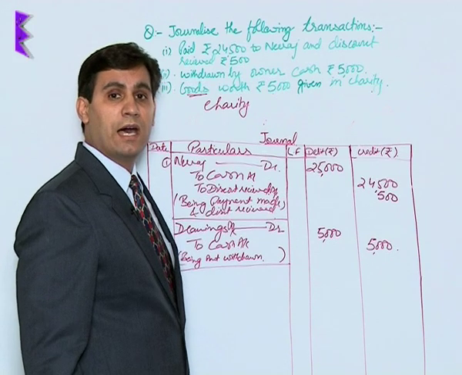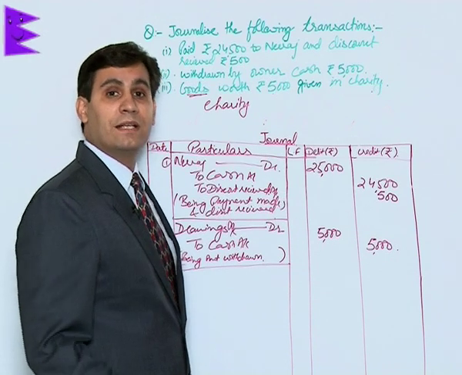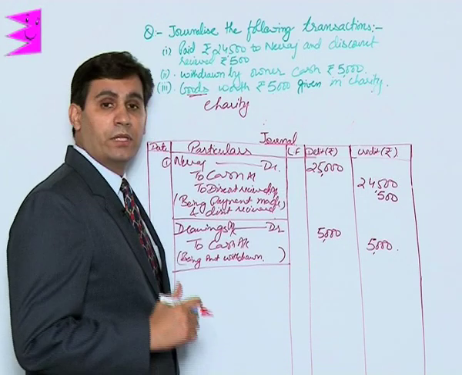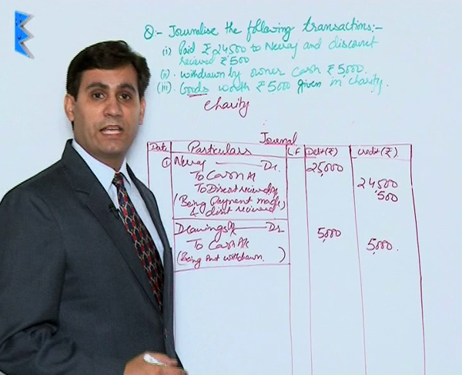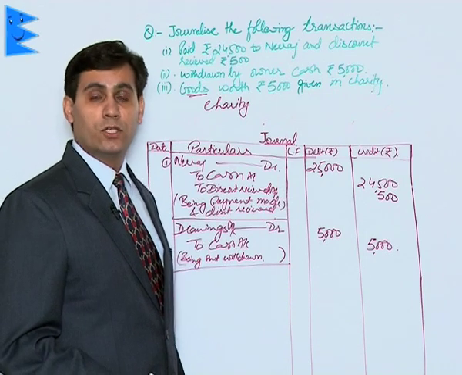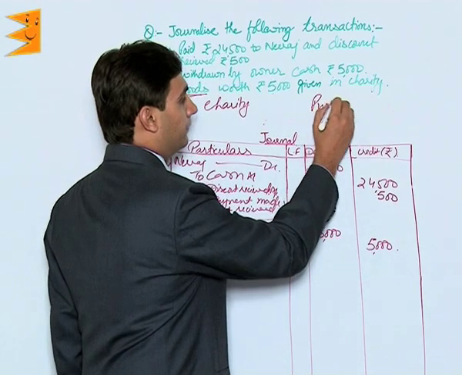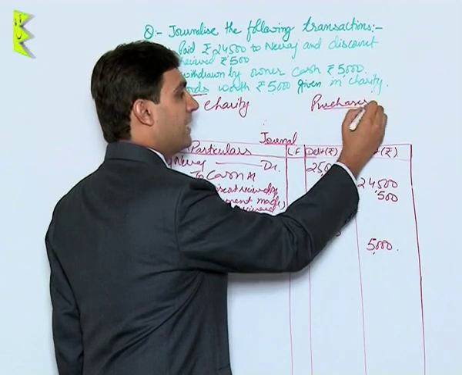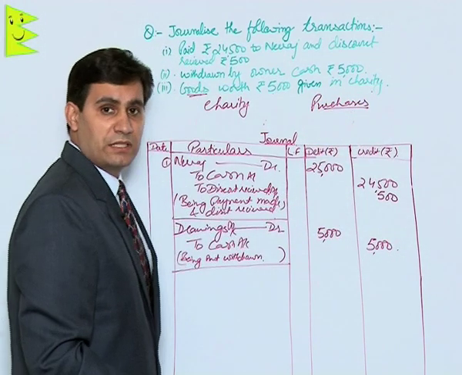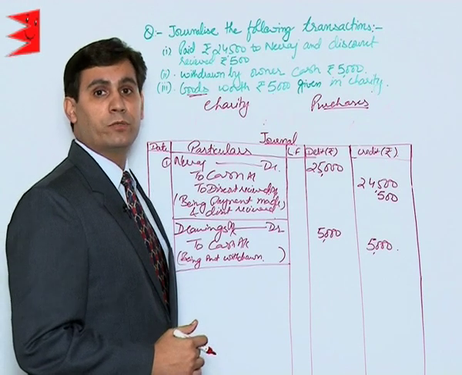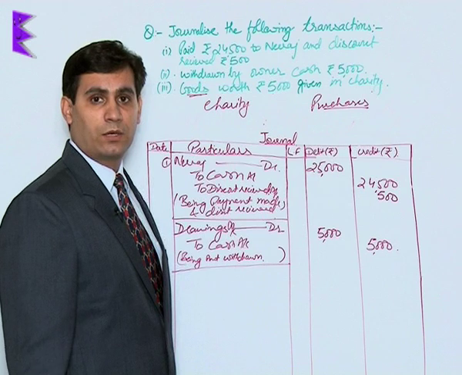But when goods are given out, not considering that it is a sale. Let's take an example. You give goods in charity. It cannot be classified as sale. So then which account is involved here? It is the purchases account. In any case where goods are going out of the business and they are not being sold, they should be taken out of purchases account.